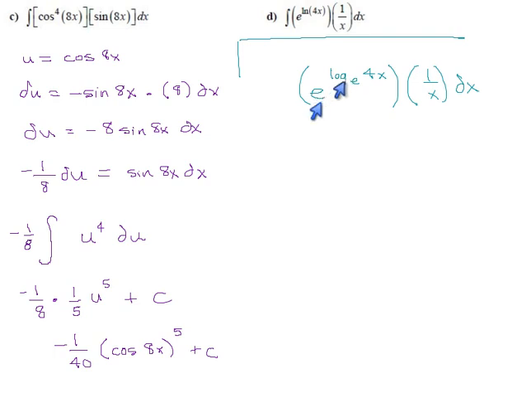These are inverse functions. They cancel out. The value of this entire expression here is simply 4x. And then we have 1 over x dx. The x's cancel, and so this entire thing is the integral of 4 dx, which would be 4x plus c.